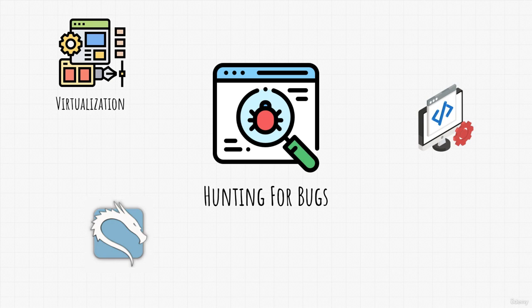But we will also be installing vulnerable virtual machines that are running a web page that we can attack and that we can practice on. Why, you might be asking? Well, we can't just target any website without permission. That is why we're going to create our own machine with a website that we can attack as much as we want.